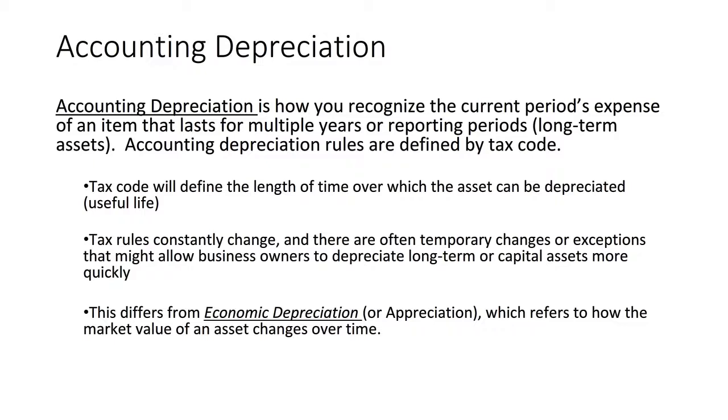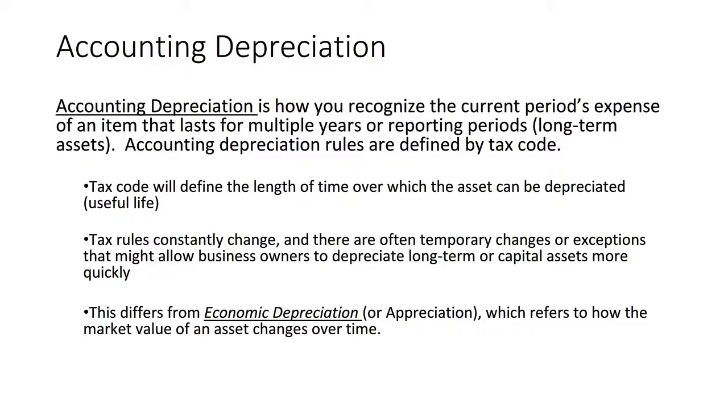So what that means is the tax code will define the length of time over which the specific asset can be depreciated. That might mean it's a 5-year asset, a 7-year asset, a 10-year asset. That's often also referred to as the useful life of an asset, and those are typically designed to try to match the length of time that an asset will typically be used.